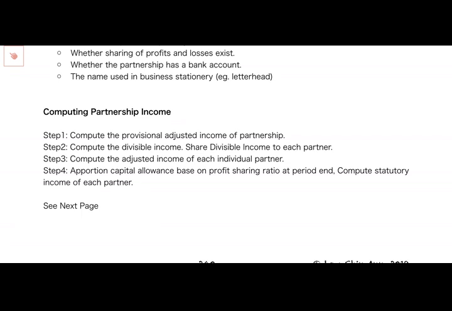Okay, so to tax a partnership, we have to go through a small adjustment. Now, we don't tax partnership, okay? We tax partner.